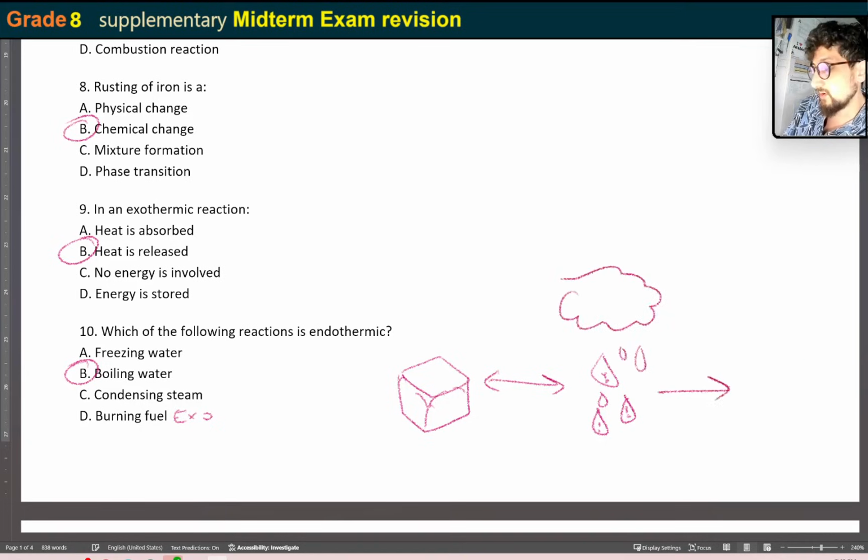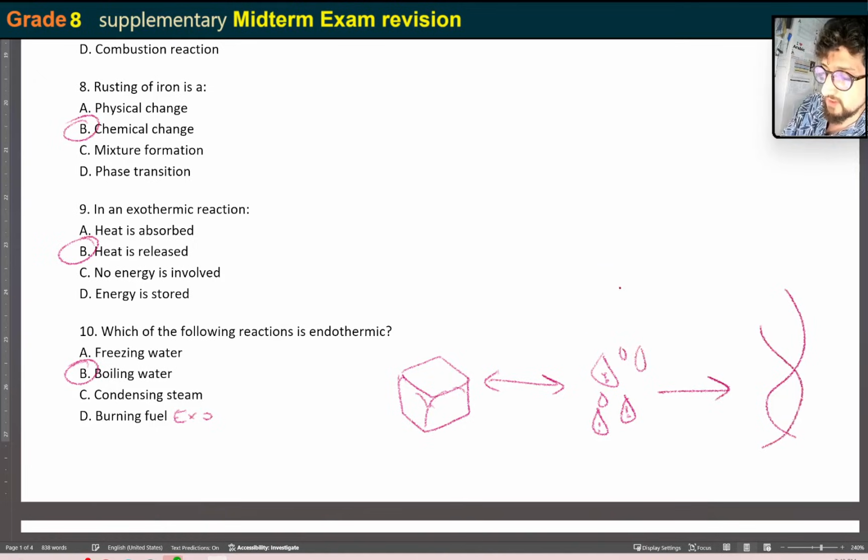And then we've got steam. I'm going to remove the cloud so I don't confuse you. Now that is in gas form, that is in liquid form, and that is in solid form. Okay, so what happens when it goes from here to there?